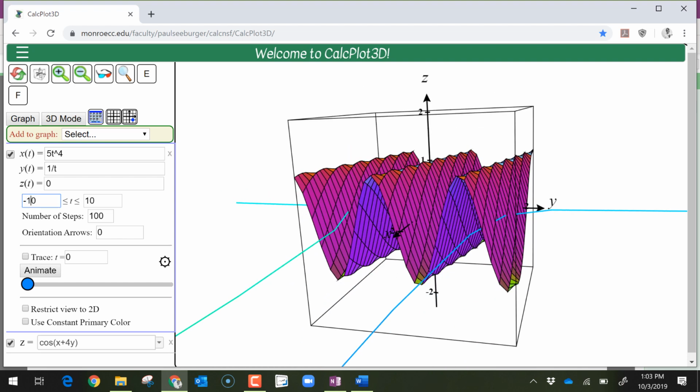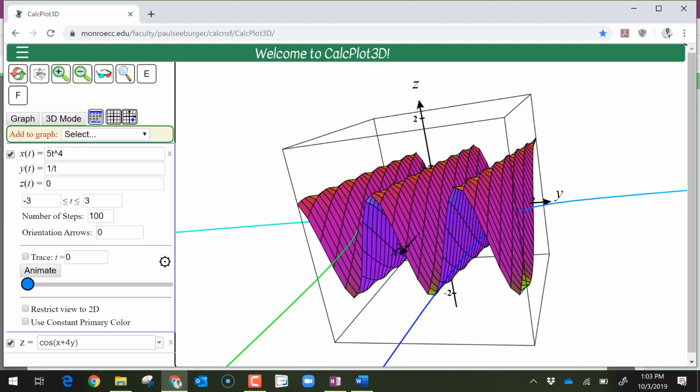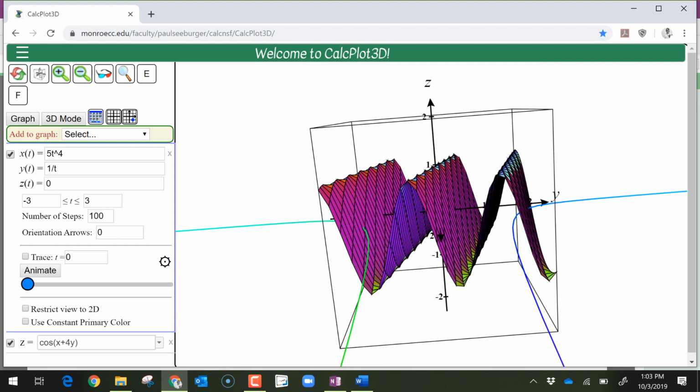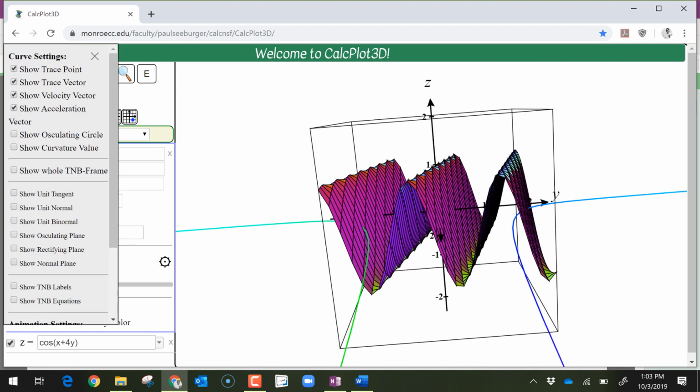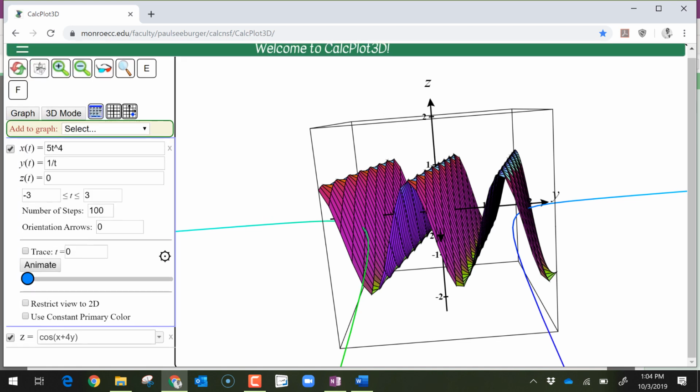Maybe we can, well, it's still hard to see. Okay, so what do you think is happening? Or what do you think we can do?